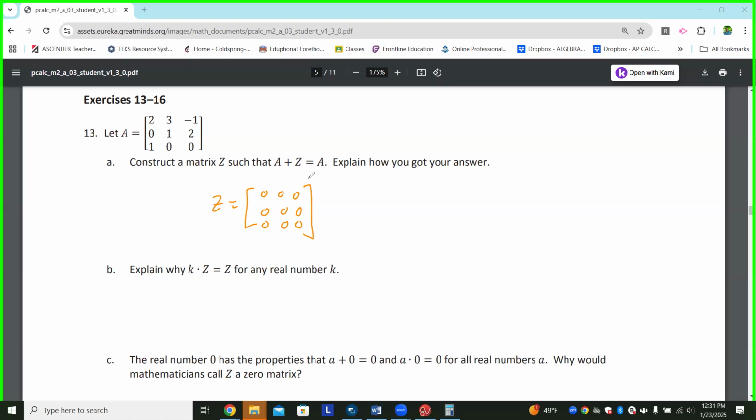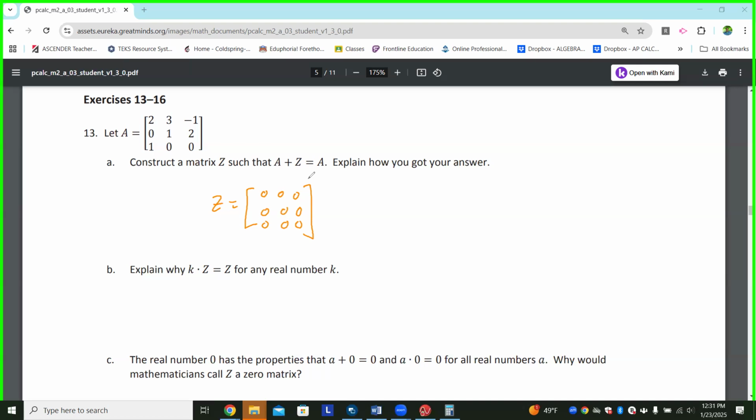But I want Z to come out. Remember, Z is the 0 matrix. So if k is a scalar multiple, why would it not matter what k is when I multiply it to the 0 matrix to get the 0 matrix back out?